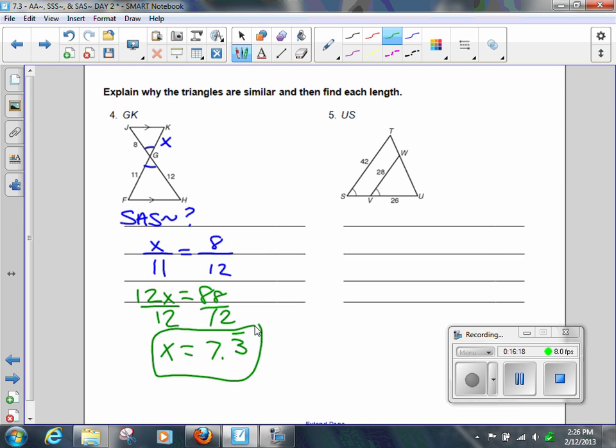Y'all should know this. 0.3 repeating is 1/3. Put in your calculator 1 divided by 3 and see what you get. Now put 2/3 in your calculator and tell me what you're going to get. 0.6 repeating. Y'all should know those.